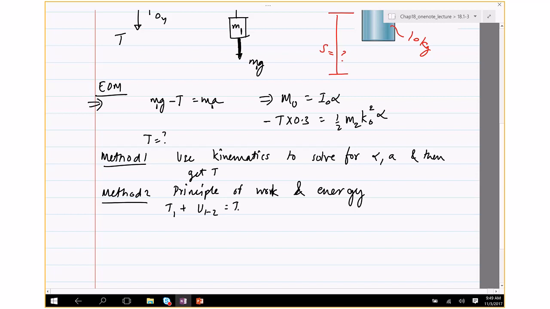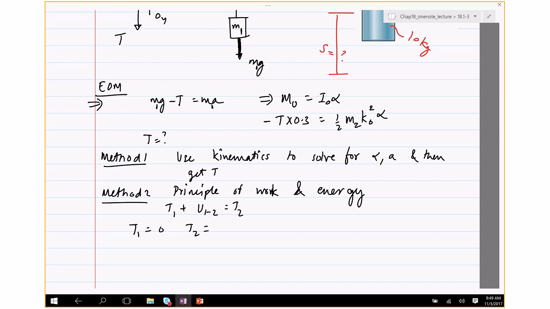So the initial kinetic energy is 0. Now, when I look at the final energy, I have the choice of using the energy of one system, the mass or the spool, or you can do the sum. In this case, I do the sum, because if I don't, the tension will show up in the equation.